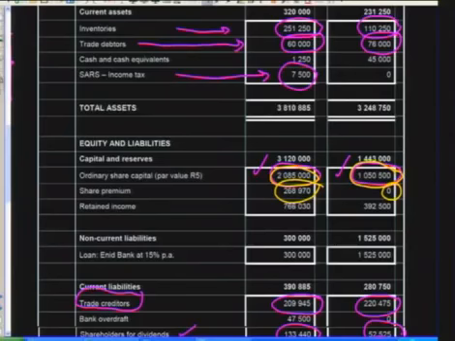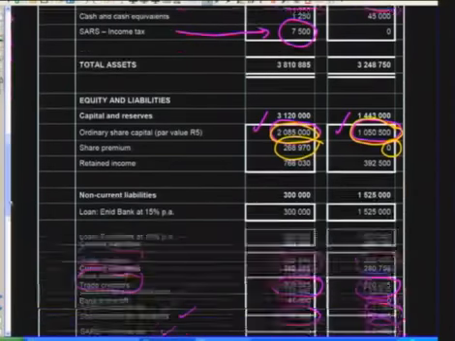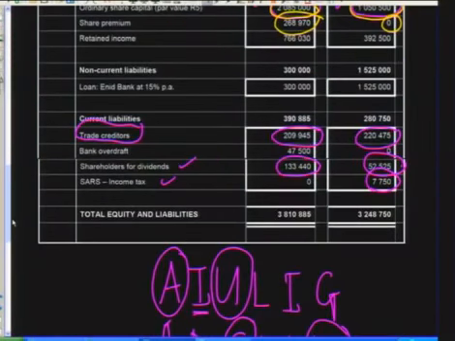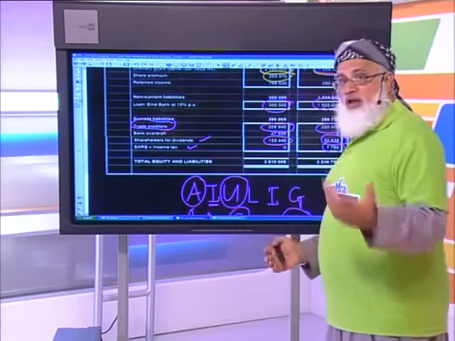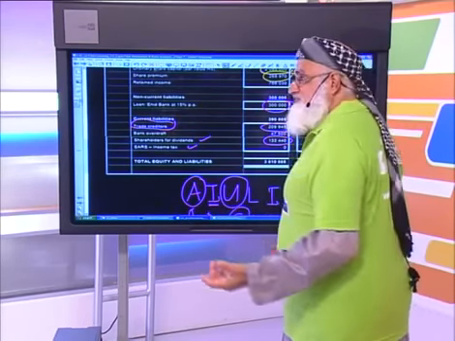Let me go to my loan and I see what was my loan. My loan was 1,525,000, is now 300,000. Definitely, I repaid the loan. How much did I repay? Obviously, 1,225,000.